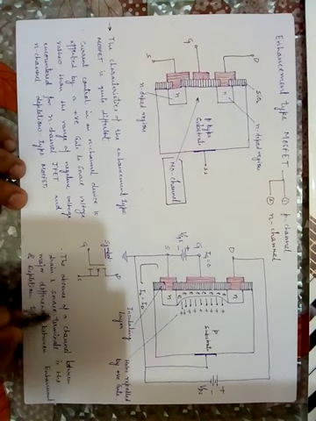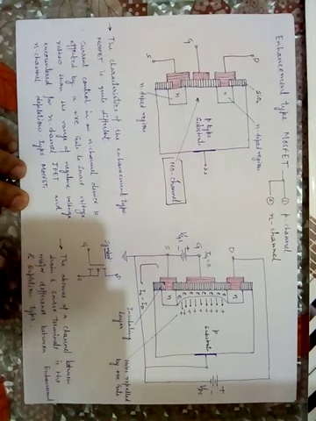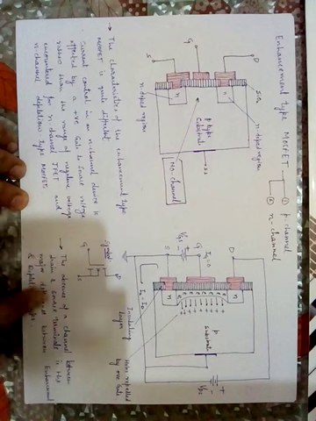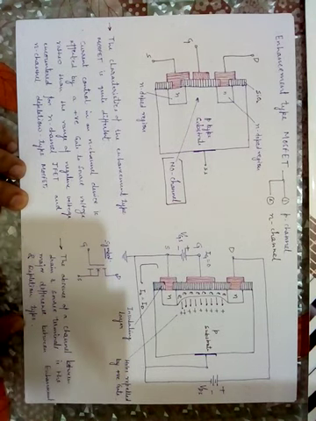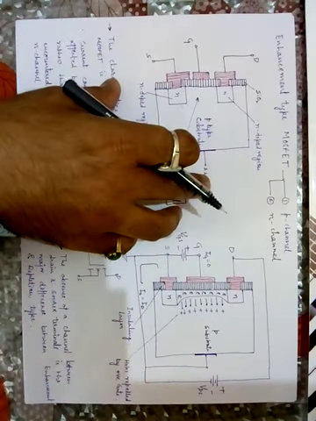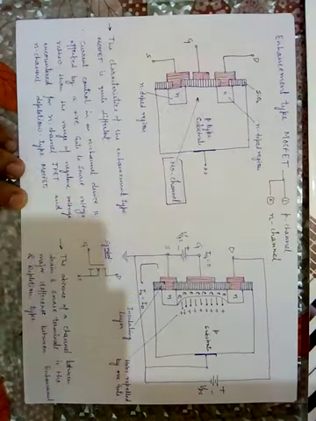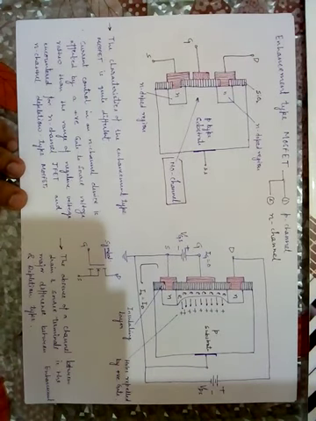So, the absence of channel between drain and source terminal. See here, this point. The absence of channel between drain and source terminal is the major difference between enhancement and depletion type. In the enhancement type, there is no channel between drain and source. Keep in mind, there is no channel.